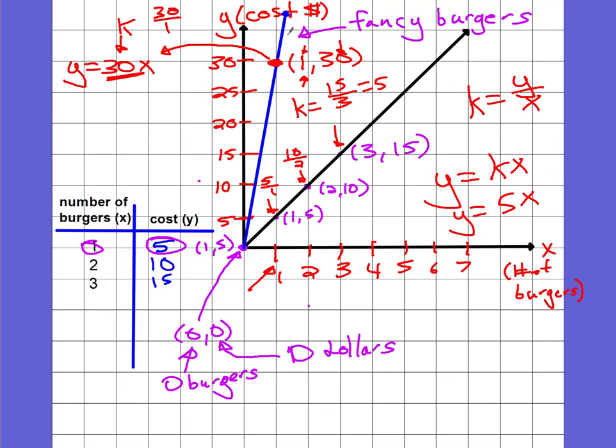If I imagine this graph going up, it's also going to pass through the point 2, 60, but that would still reduce down to 30 over 1.